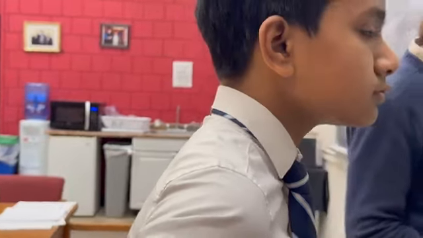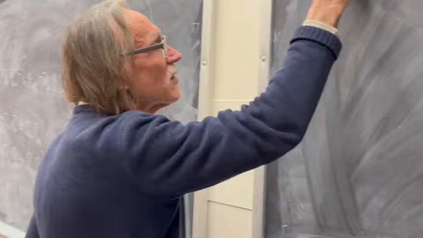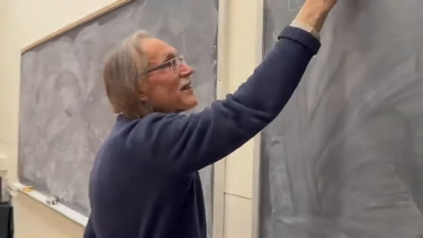For example, if you have x dot dx squared, that's rotational invariant.